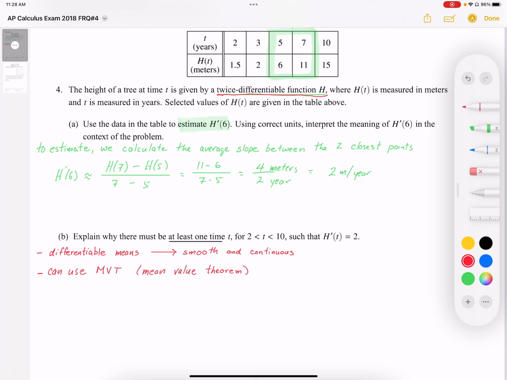So we know that mean value theorem is going to look like this. h prime at some point is going to be some average slope between a and b, in the interval between a and b.